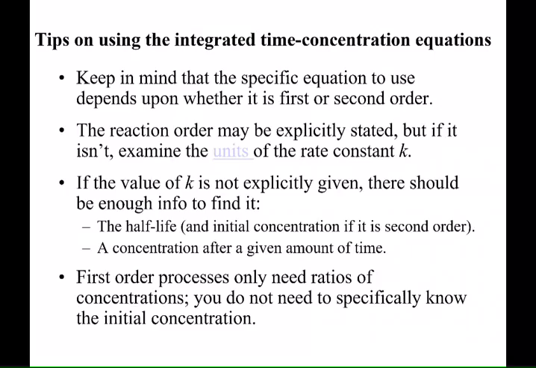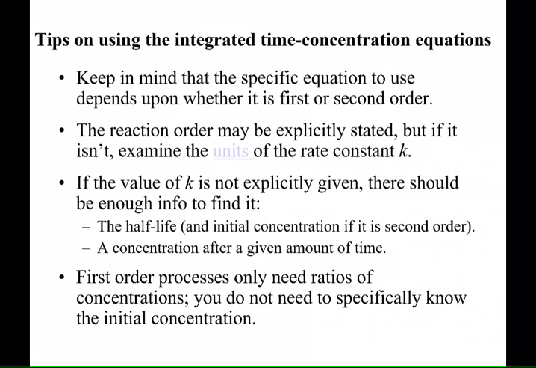The other thing, don't let this throw you off, is that this actually is the amount remaining. It's not the amount that's reacted. And there's definitely a difference there. So, for instance, if you want the time at which 75% of A has reacted, let's think through this. 75% of A has reacted.